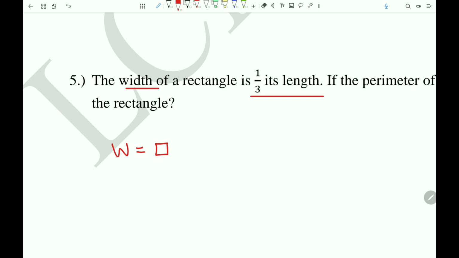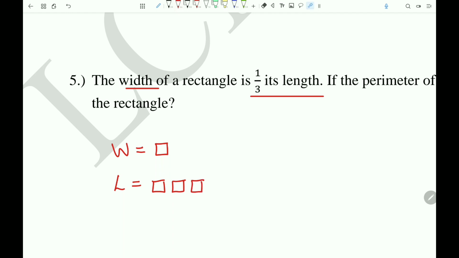Now, let's think about it with numbers. If the width was equal to, let's say, 4, then the length would be the number where 1/3 of the length would be equal to 4. So in this case, the length would be 12, which means that the length is 3 times the width, as 12 would be 3 times 4.